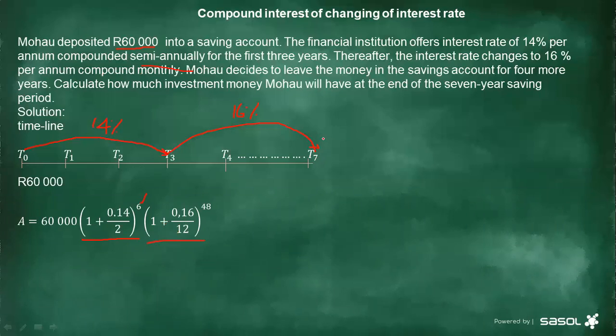So 4 times 12 gives us 48. Then from there, you just put everything on your calculator and press, and then you will get 170,045 rand 72 cents. That's the amount of money that you are going to get after 7 years.